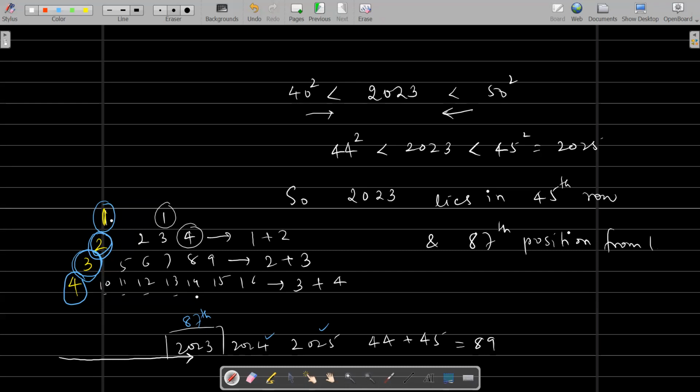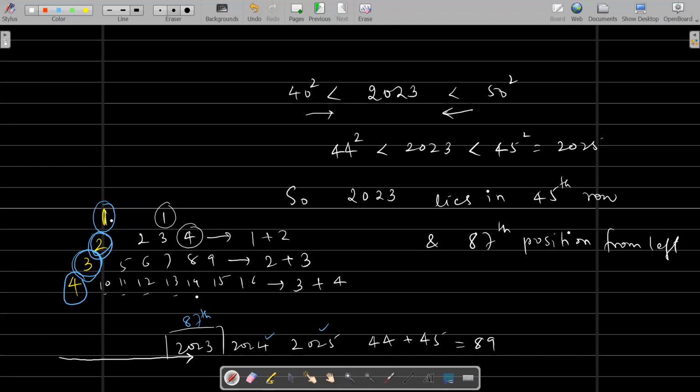Sir, can I tell my way how I did it? Yes, Samrudh. Sir, to find the position, you know that 2025 is 45 square. Then the row before the 45 square row, the row in which 2023 is, will end with 44 square.